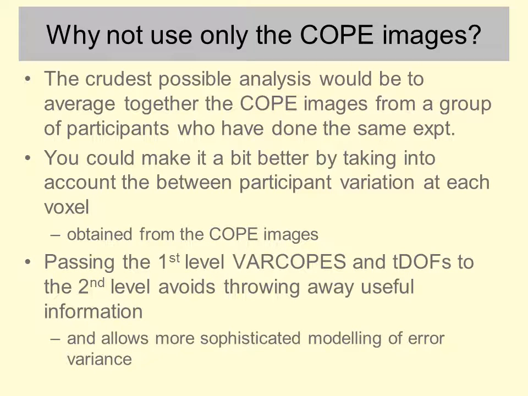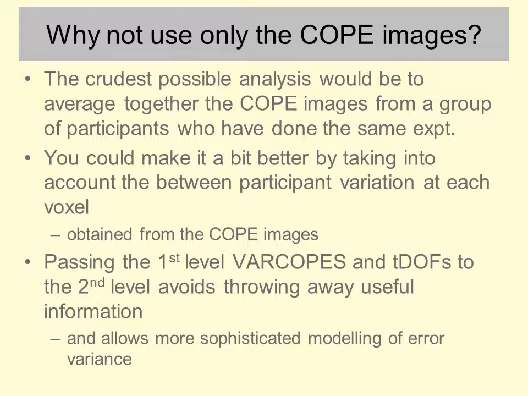But the reason it's useful to actually pass the first level var COPE and TDOF images up to the second level is because it avoids throwing away useful information. So I'll give an example of how it might be useful. Imagine two participants who've done your words versus non-words experiment, and they've both got identical values of the COPE at the first level.